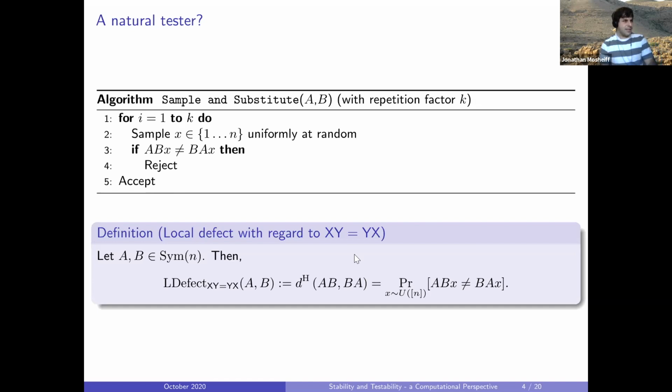The local defect is just the number of x's on which the two permutations don't commute. Formally, it's the normalized Hamming distance between the permutation AB and the permutation BA, and this is exactly the fraction of x's for which AB does not equal BA. And this is exactly equal to the probability that in one given iteration of sample and substitute, the algorithm would find the violation and reject.